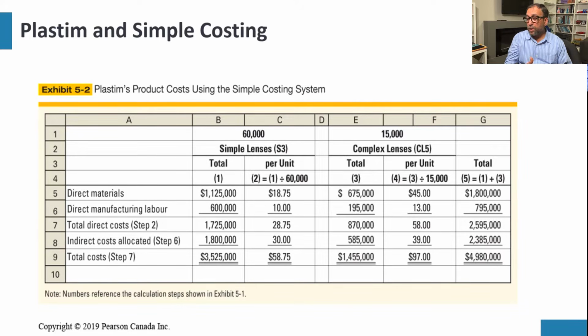The second is how much labor we are using. That's again a direct cost, and we can identify how many hours the labor is spending to manufacture it. So that's the labor cost.